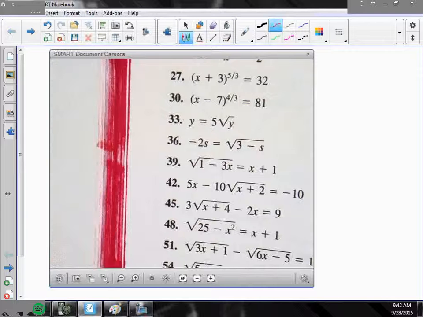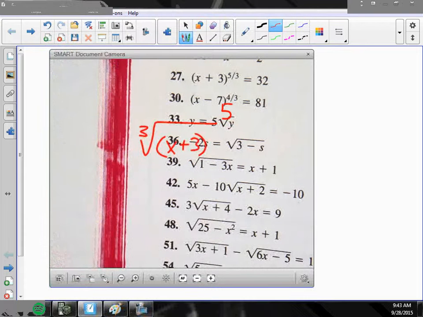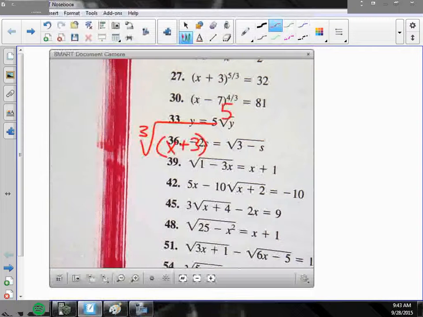So this is the cubed root of x plus 3 to the fifth. Now, does that 5 belong on the inside or the outside? It doesn't really matter unless it's an even root. An even root, you run into problems with negatives. So it doesn't really matter if it's on the inside or outside, but if it's an even root, you have to check and see if you run into that negative problem.